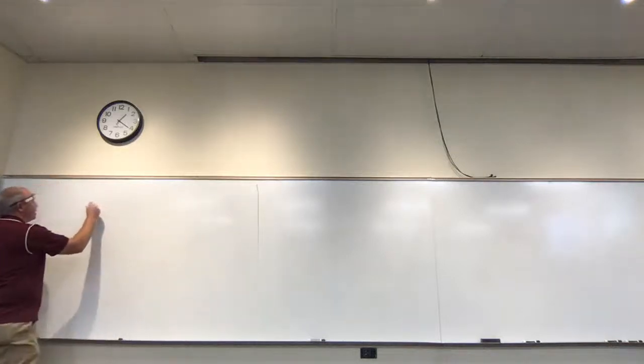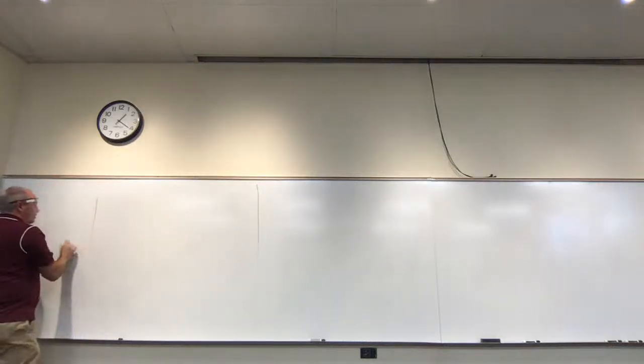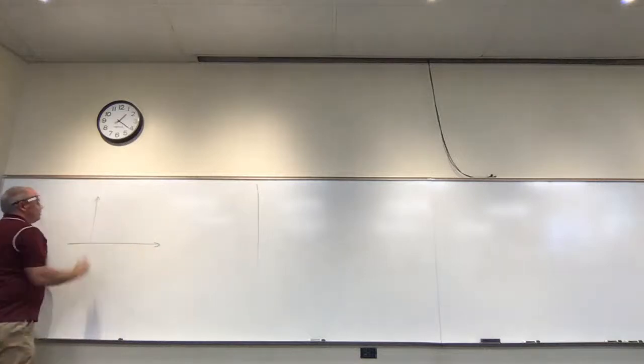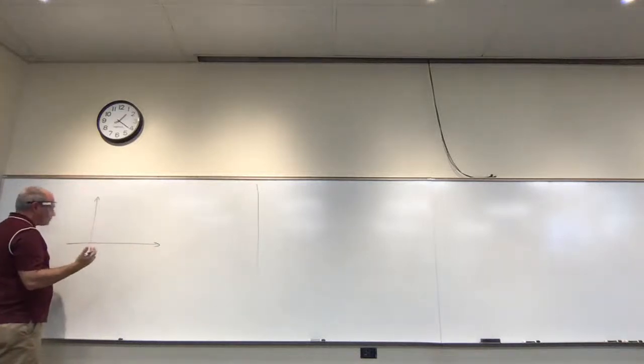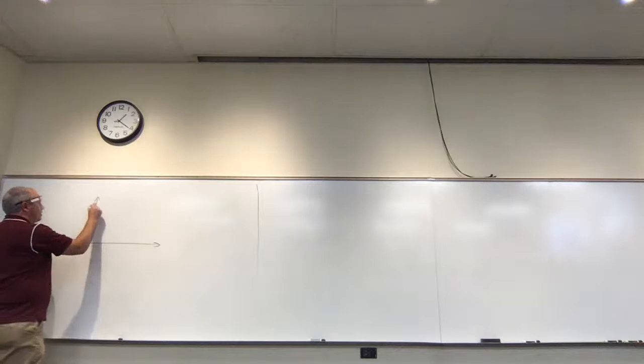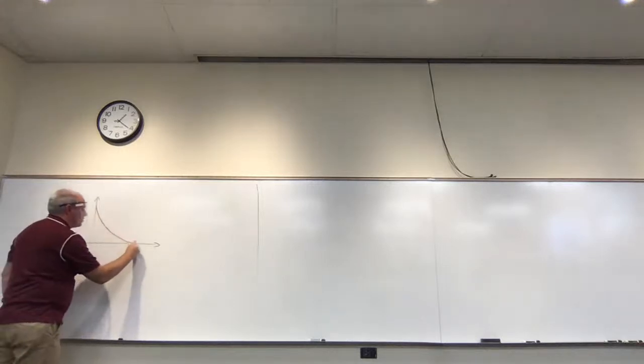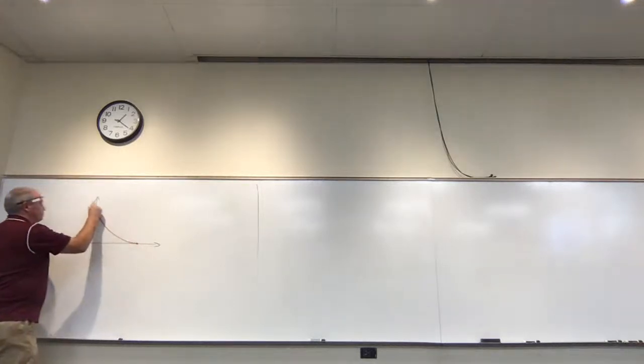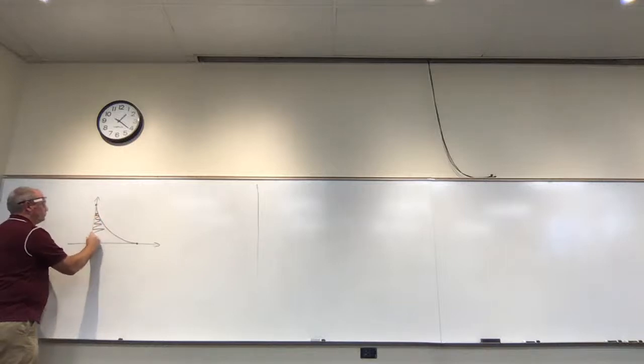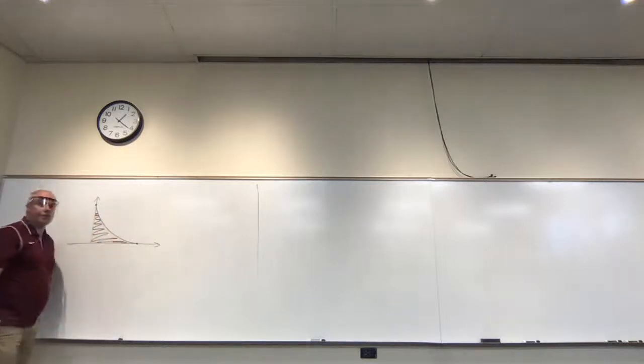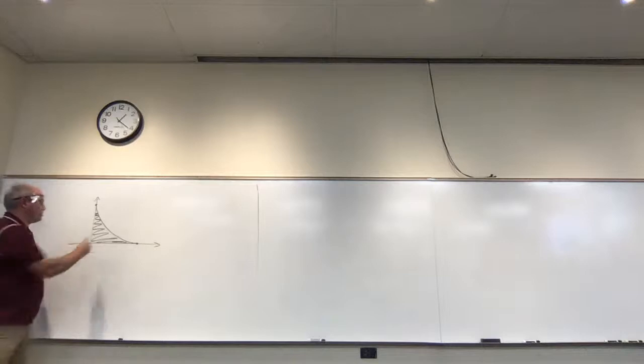So let's say that I had, I'm not going to put in any specific, let's say that I had something like this was my region. Okay, here's my region. This is just f of x.